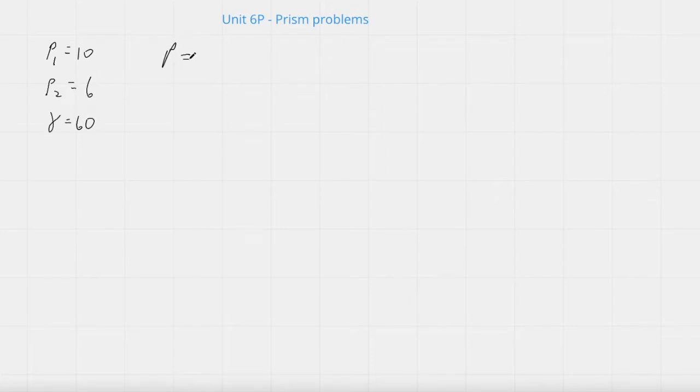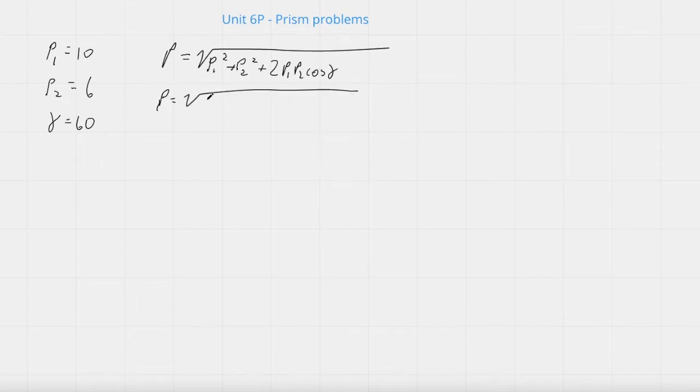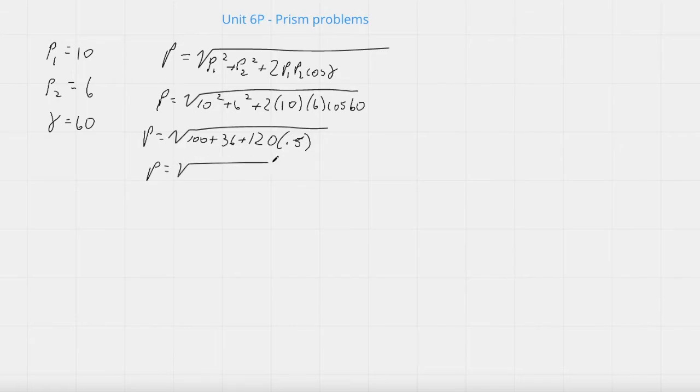So P1 is 10, P2 is 6, and gamma is 60. The power formula is the square root of P1 squared plus P2 squared plus 2P1 P2 cosine gamma. So we plug in. Cosine of 60 is 1/2. And we find that the power is 14 prism diopters, just as we found with the vectors.